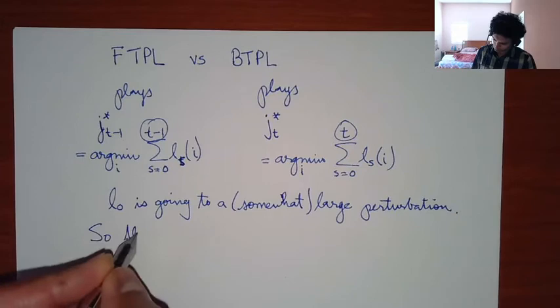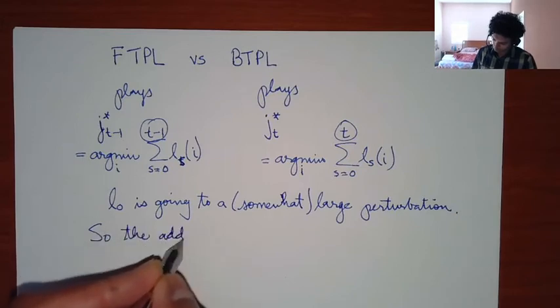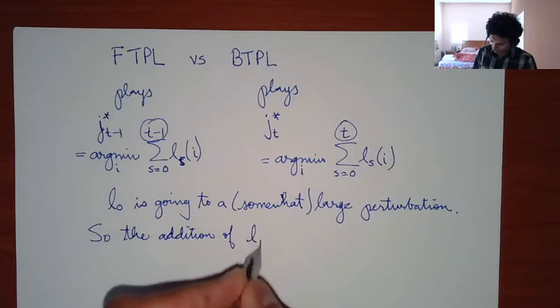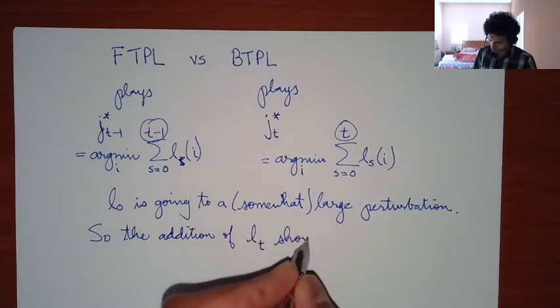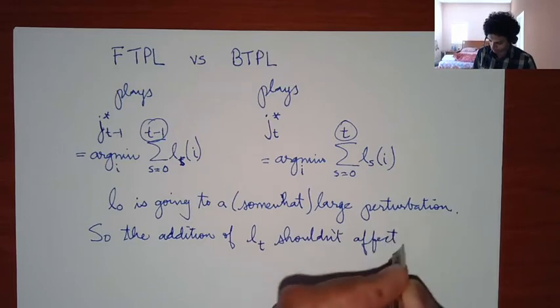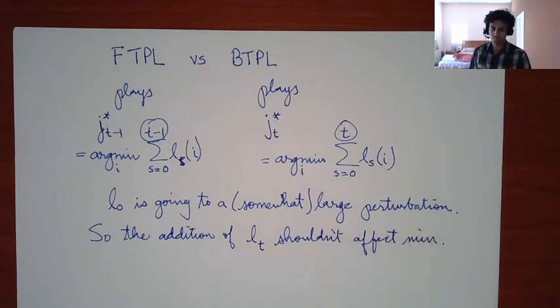So the addition of LT shouldn't affect the max, affect the min. That's what we're going to prove, but that's the intuition.